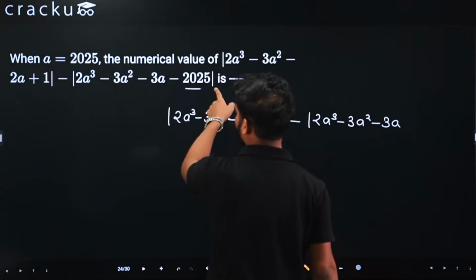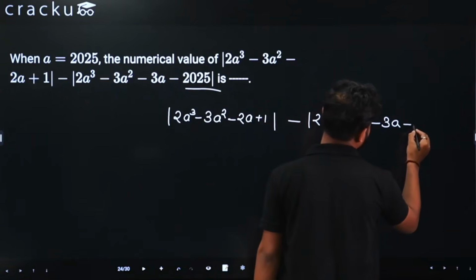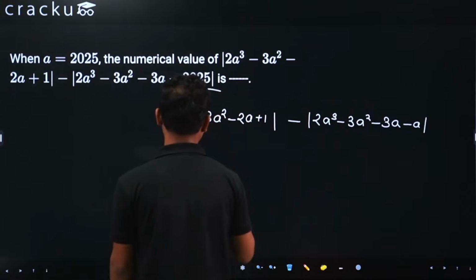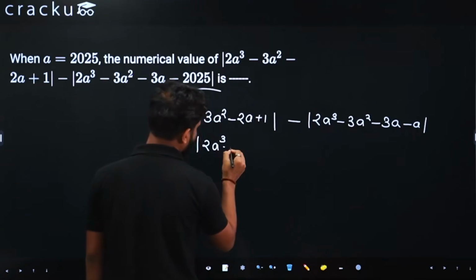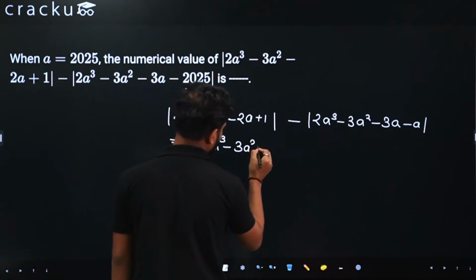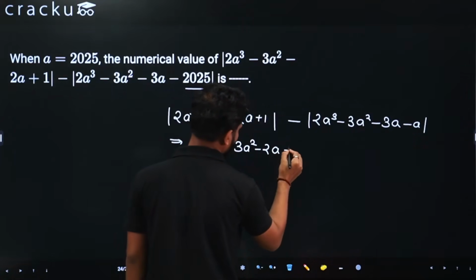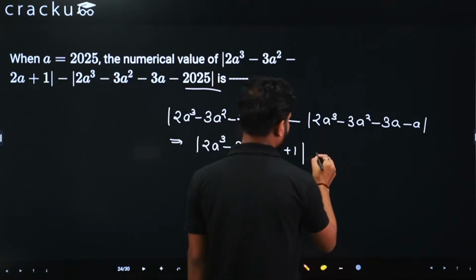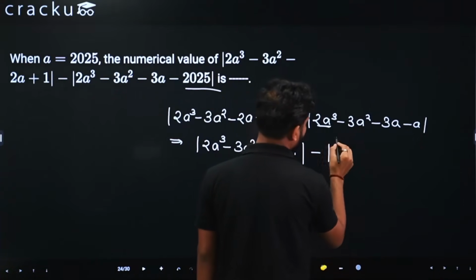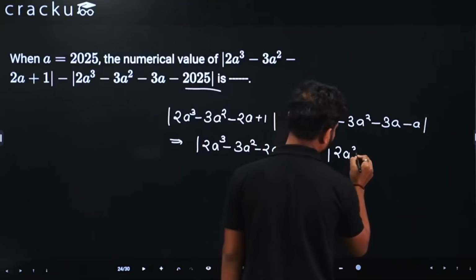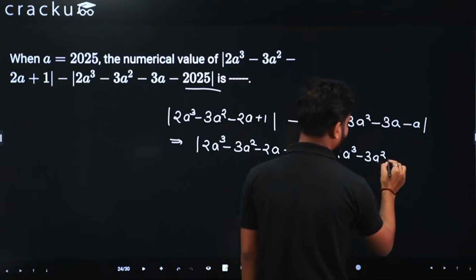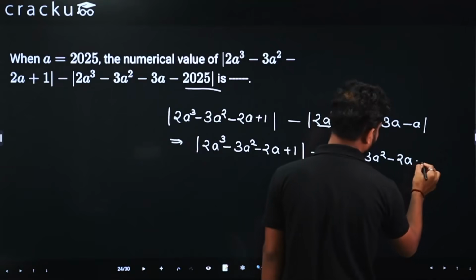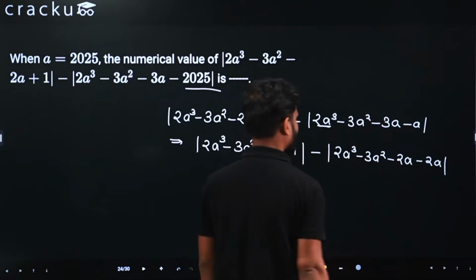So can I write 2025 as a? So I can write this as minus a, right? This is 2a cube minus 3a square minus 2a plus 1 minus 2a cube minus 3a square, and this is minus 4a. I can write this as minus 2a minus 2a, right?